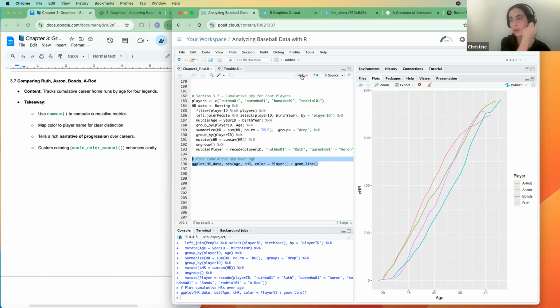I think it's always interesting to see this, because there's such disparity between peak performance versus more steady performers. But it seems like these are pretty similar trajectories.